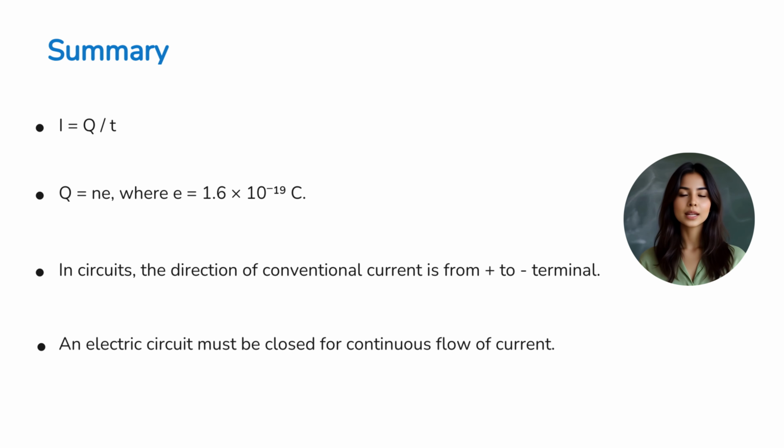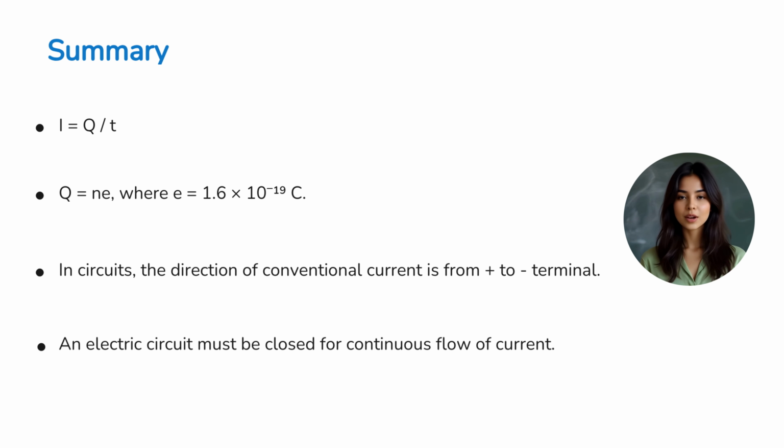To wrap up, electric current is simply charge flowing over time, or I equals Q divided by t in words. Remember, the charge itself comes in multiples of a tiny elementary charge e, about 1.6 times 10 to the minus 19th coulombs.